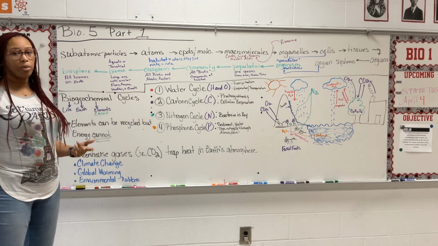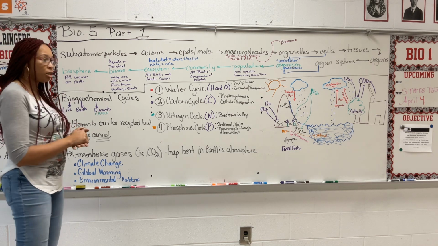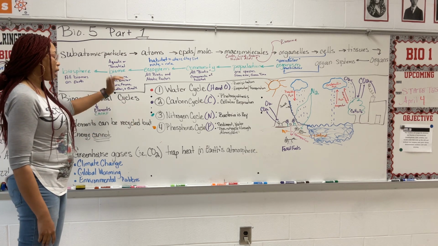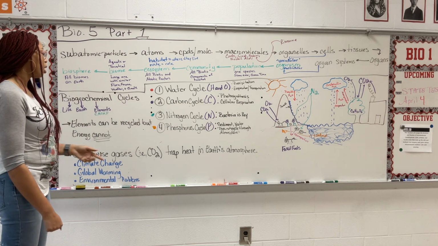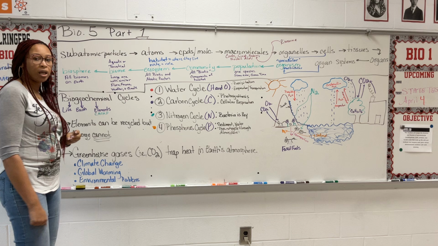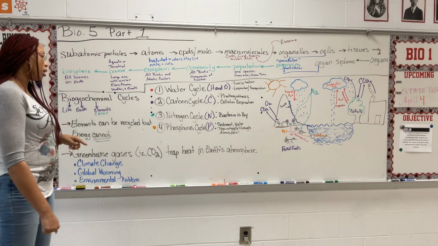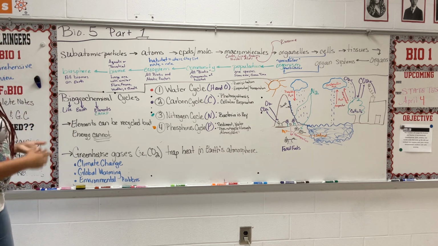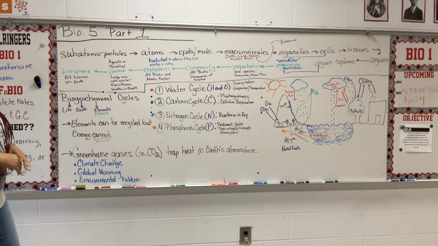In the nitrogen cycle, most of the air around us is actually atmospheric nitrogen, or N2. We're going to talk about how this nitrogen cycles through the atmosphere, living things, and also the earth. But in the phosphorus cycle, phosphate does not turn into a gas that is put into the atmosphere. The phosphorus cycle is the only cycle where the element will not cycle through the atmosphere. It will go through the earth and living things, but not the atmosphere.